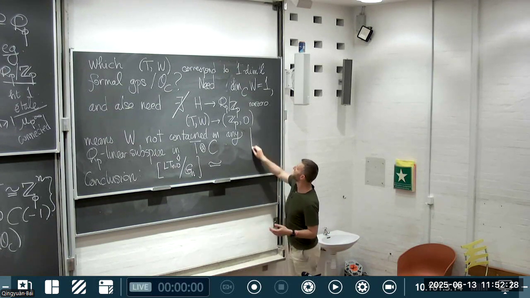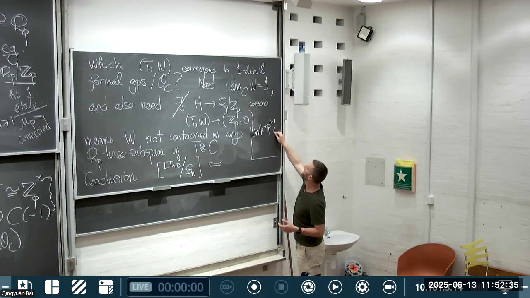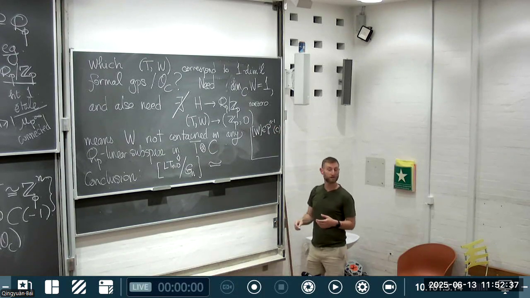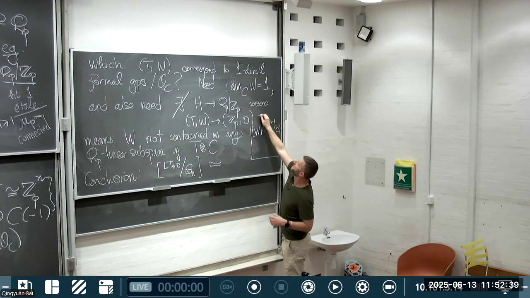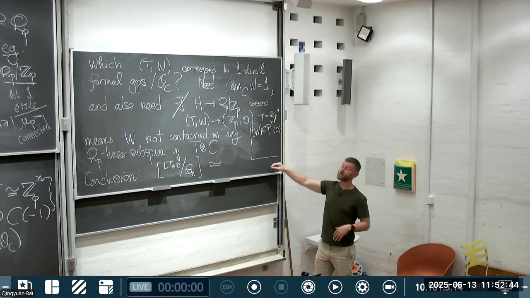So if you think of it this way, I put this in a little box to explain this. The line W really lives in P^{n-1} of C, doesn't it? After you've trivialized T. So if T is really Z_p to the n, then W is a line in T tensor C. So W determines a line there.